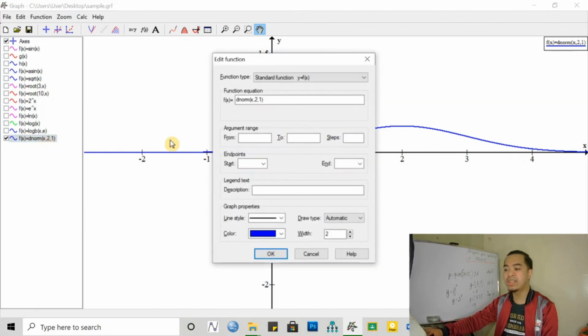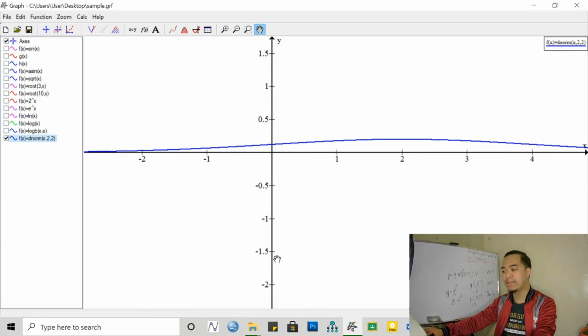If we want to change the standard deviation from 1 to a higher number, say 2, let's see what happens. It still looks like the normal distribution, but the dispersion is different because we made the standard deviation higher. Remember that the standard deviation tells the dispersion of a data set.